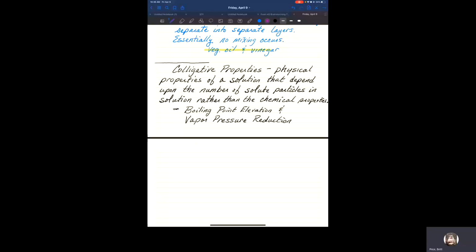Remember, boiling occurs when the vapor pressure above a liquid equals the atmospheric pressure.